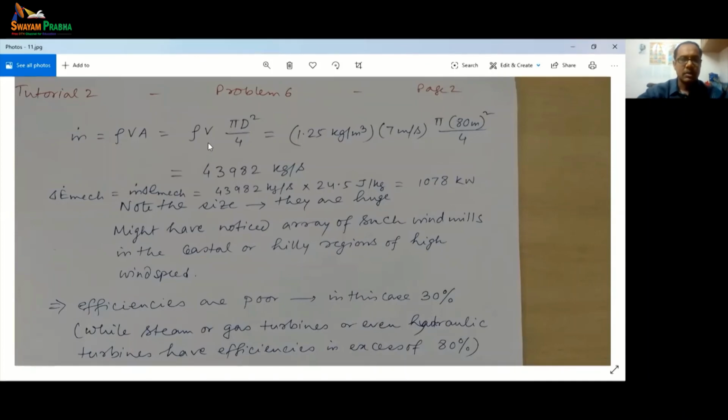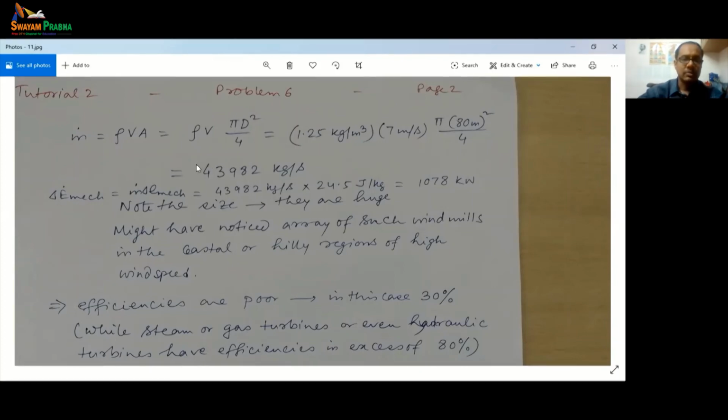So the density and velocity are given, and the area we have to find from the diameter given for the wind turbine blades, that is pi d square by 4. So density is 1.25 kg per meter cube, velocity is 7 meter per second, and then pi into d, which is given as 80 meter, that big windmill, 80 meters squared divided by 4.